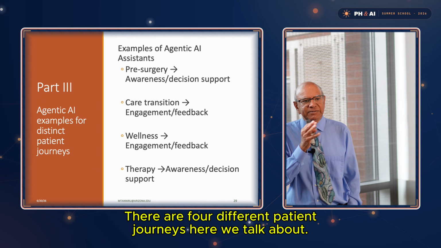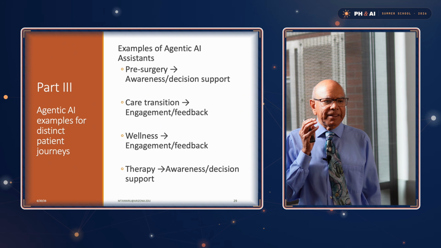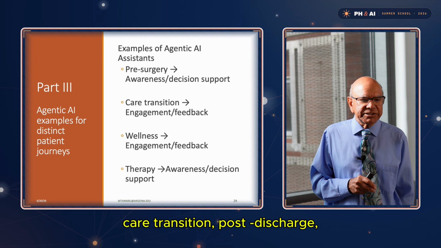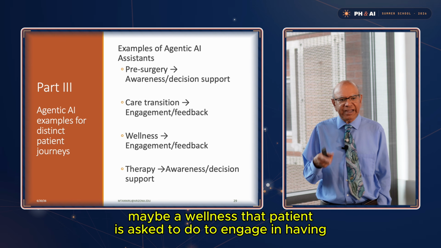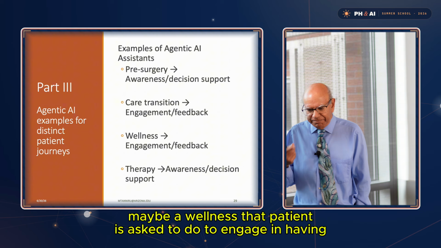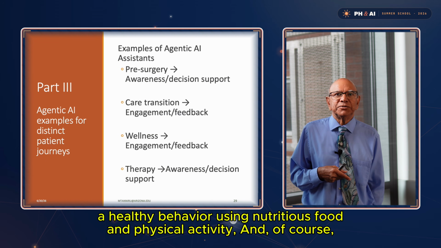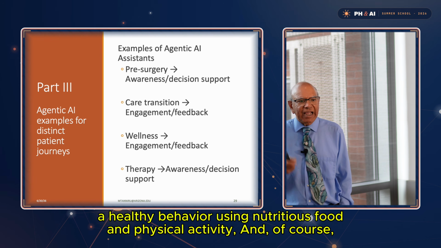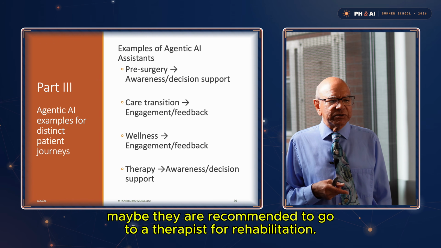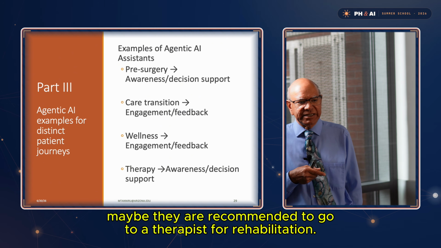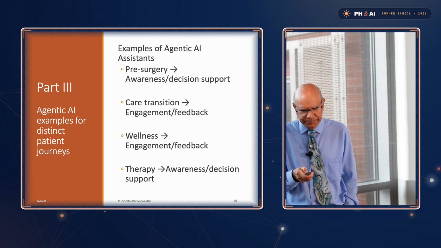There are 4 different patient journeys here we talk about: pre-surgery, care transition, post-discharge, and maybe a wellness journey that the patient is asked to engage in, having a healthy behavior using nutritious food and physical activity. And of course, if they are stressed, maybe they are recommended to go to a therapist for rehabilitation. So there are 4 possible journeys a patient may engage in.